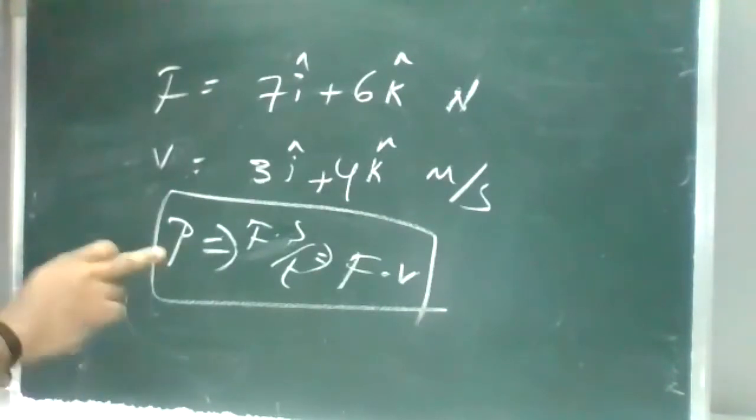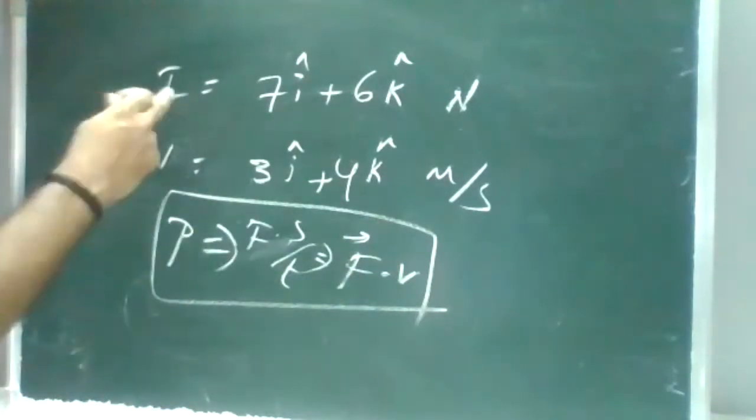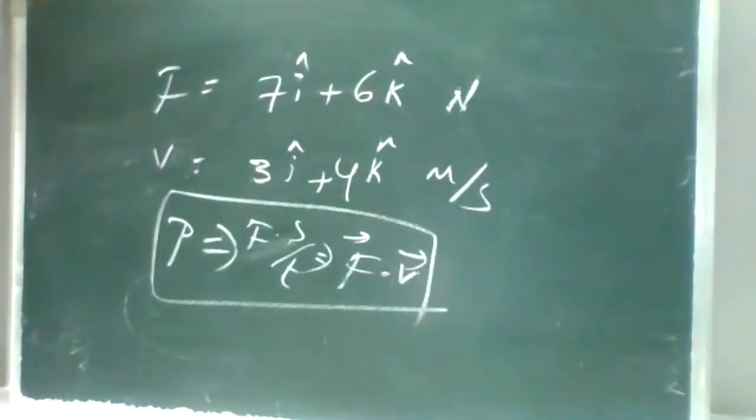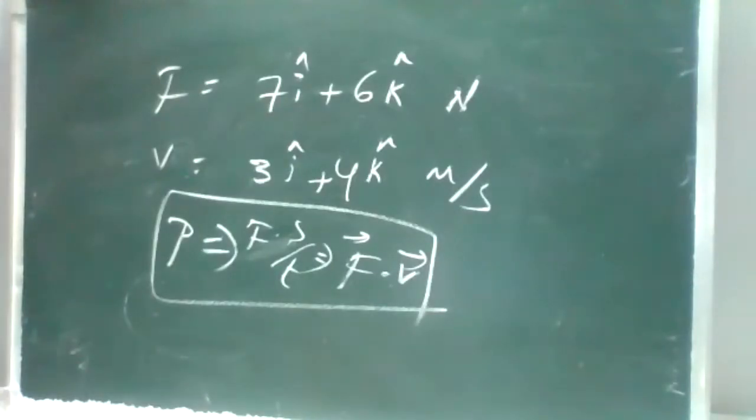Now tell me, force is a vector quantity, velocity is a vector quantity. What about the power? Is it a scalar or vector? Power is a scalar quantity. You have to differentiate. Power does not have direction.